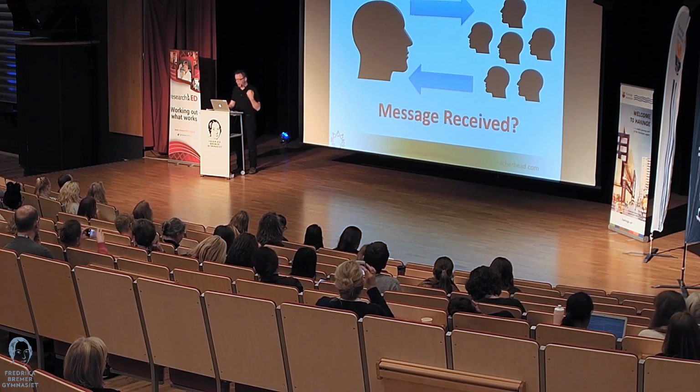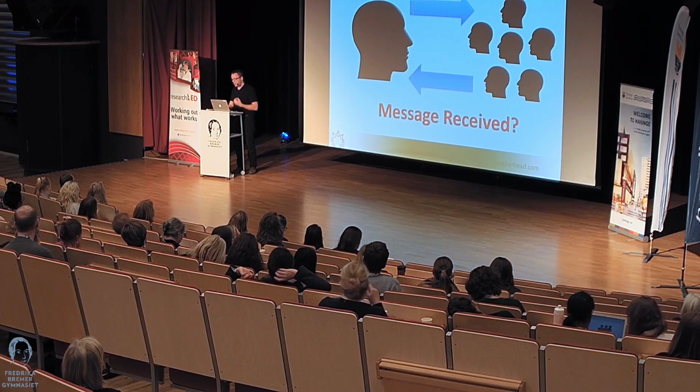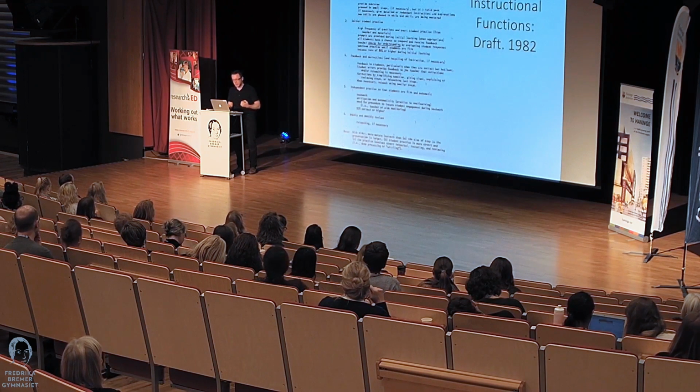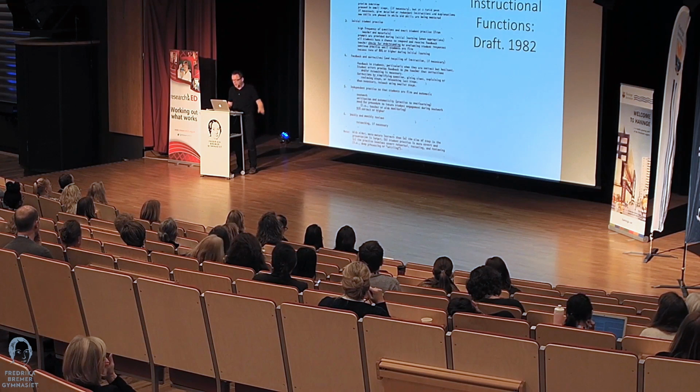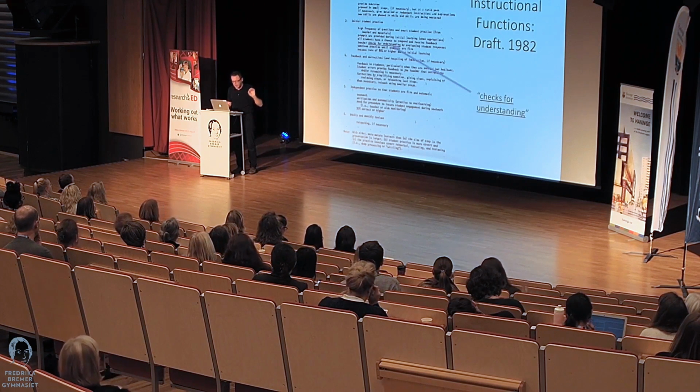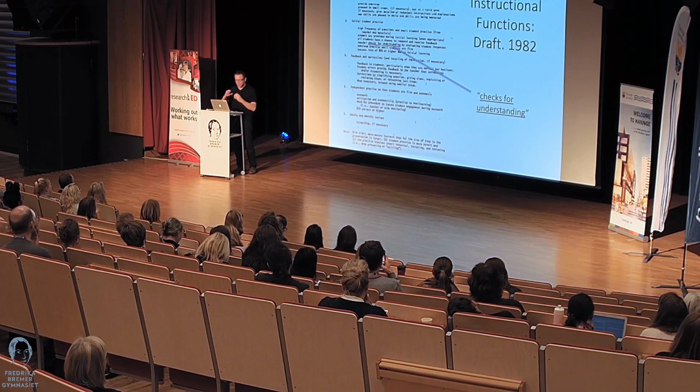And in fact, what I love about this, in the earliest draft of Rosenshine's work that I could find, 1982, he wrote this paper called Instructional Functions. And this is it typed up, looks beautiful. This is before computers. And underlined in that paper, it says checks for understanding. It's the only part of the paper that's underlined. So checking for understanding for Rosenshine is a really, really key thing.